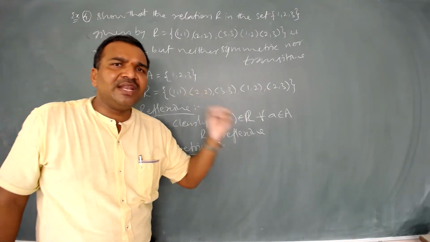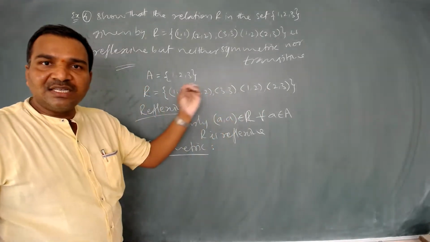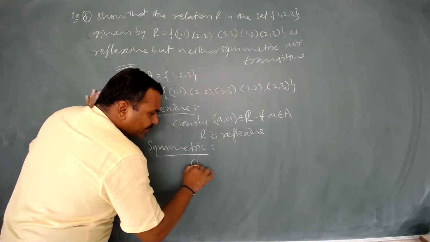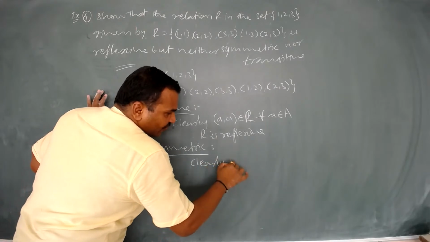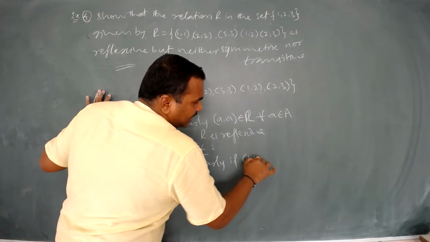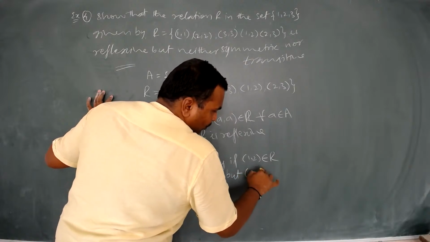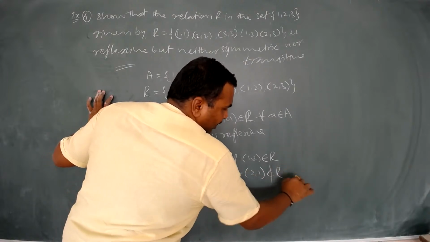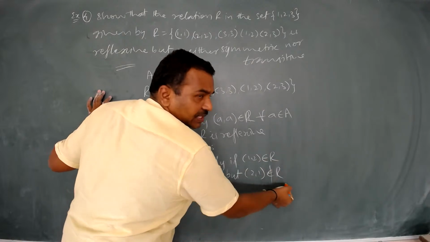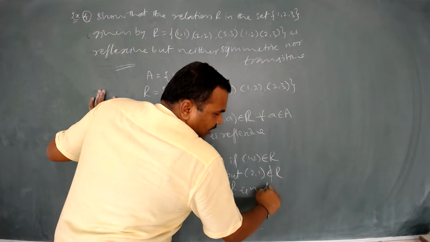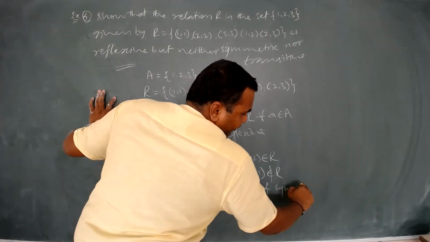We just give one example which does not satisfy the condition. So clearly, (1,2) belongs to R, but (2,1) does not belong to R. So (a, b) is there, (b, a) is not there. Therefore, R is not symmetric.